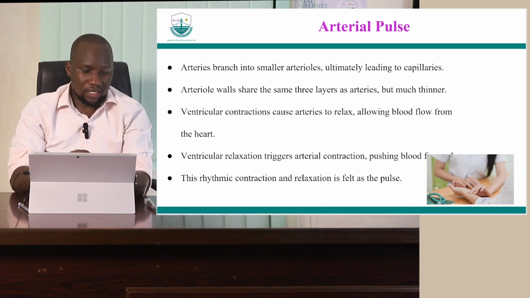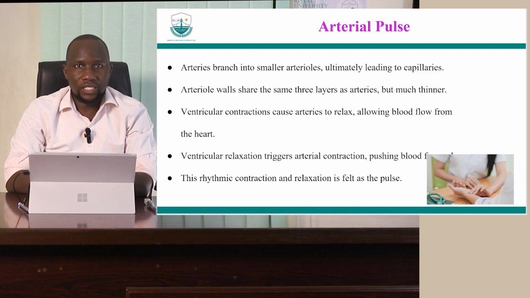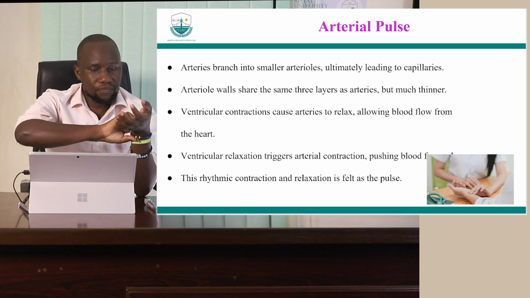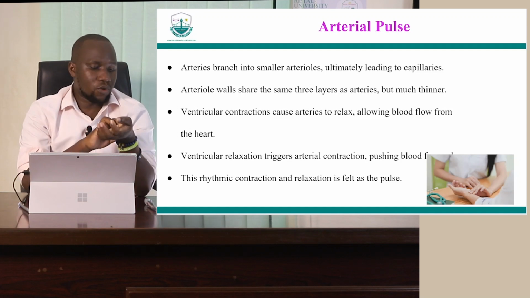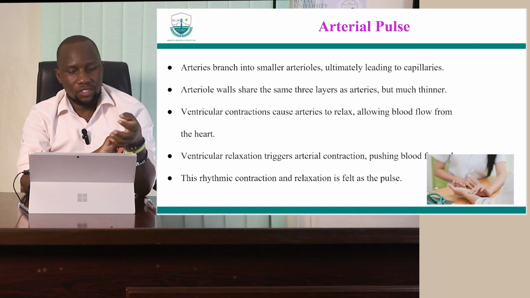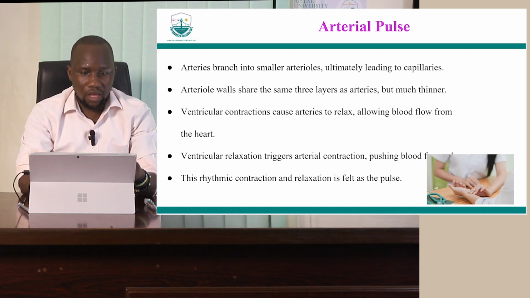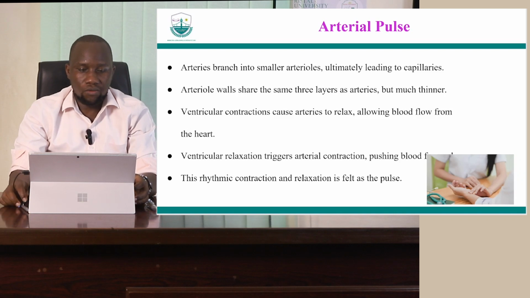Okay, and that is what we call arterial pulse, which can be palpated around this area and other areas. So when you press here, this is what you call the radial pulse.